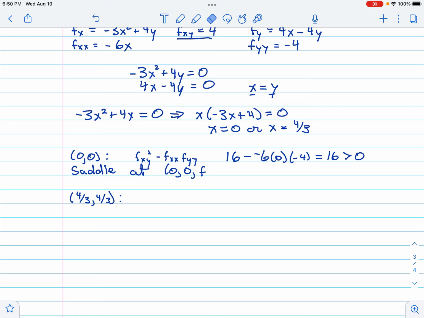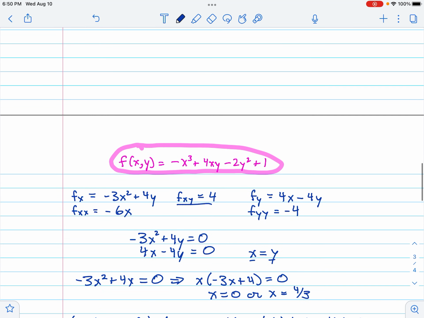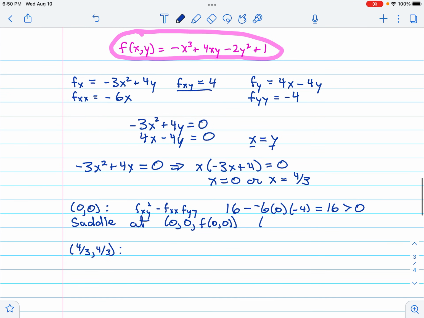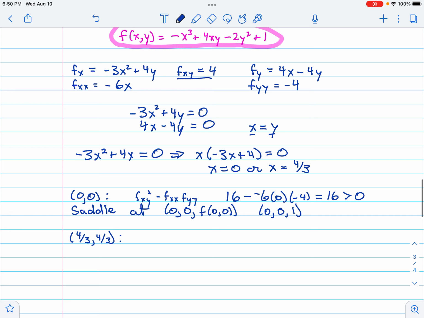Just plugging in to get the triple, it's easy to compute. This is going to be (0, 0, 1), because f of (0, 0) is 1. So we got a saddle there.